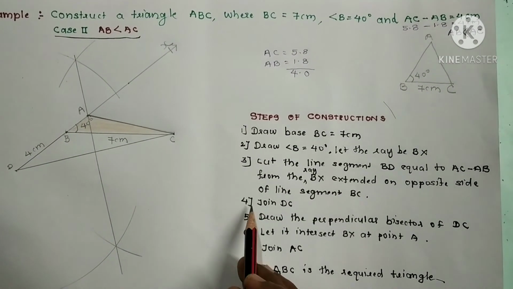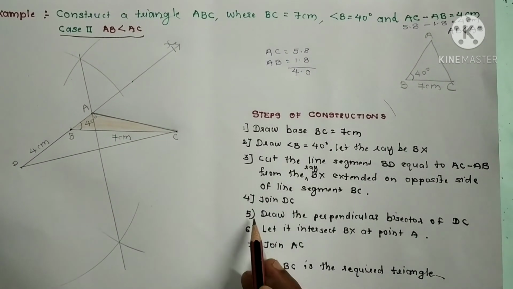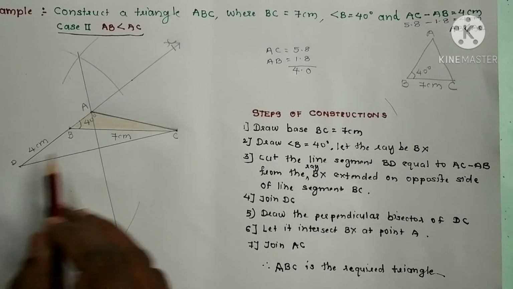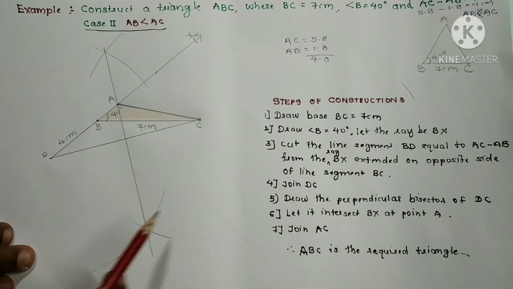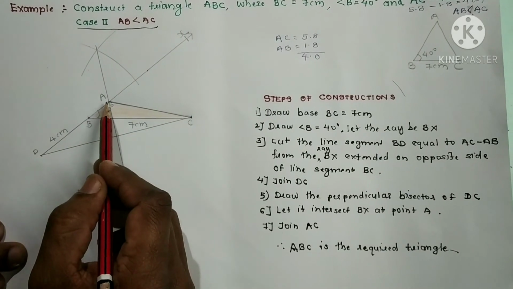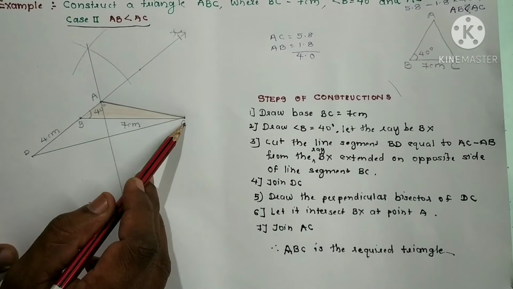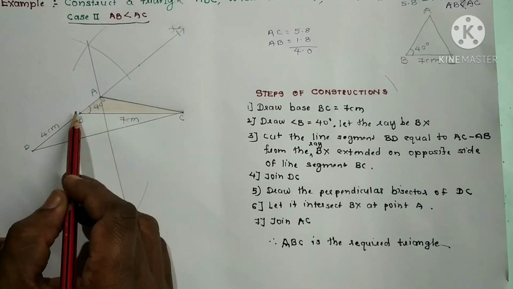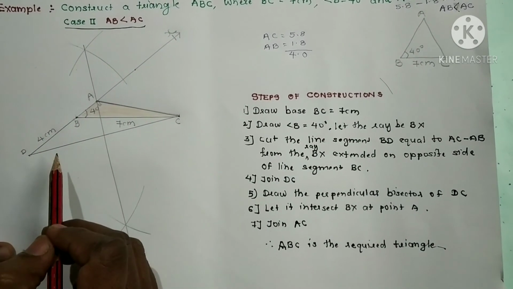Then the fourth step is join DC. Then the fifth step is draw the perpendicular bisector of DC. After drawing this perpendicular bisector, let it intersect this BX at point E. Then the seventh step is join AC, and therefore the required triangle is ABC. I have used color here.